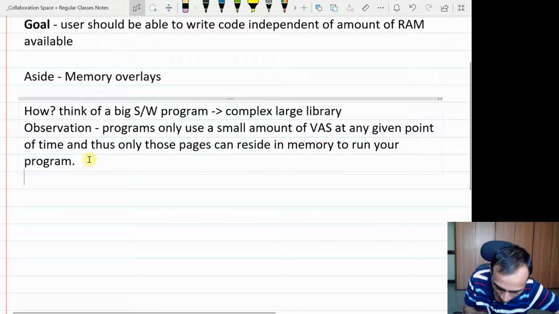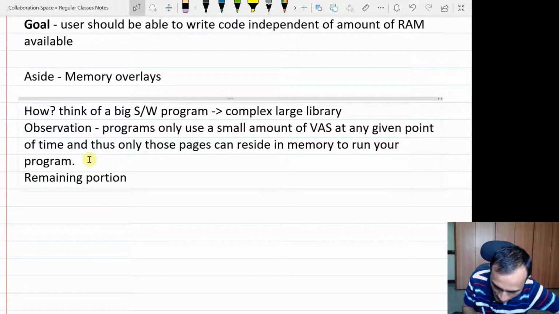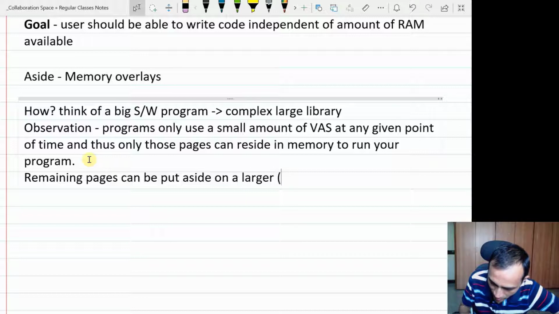The remaining portions, which are not so actively used, can be put aside on a larger but slower device, and that device can be your hard disk.